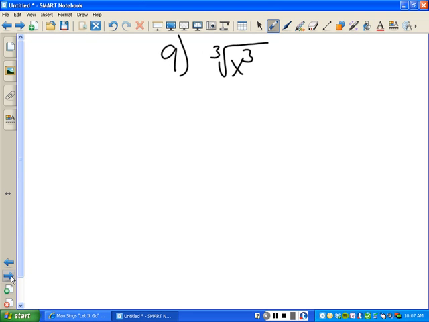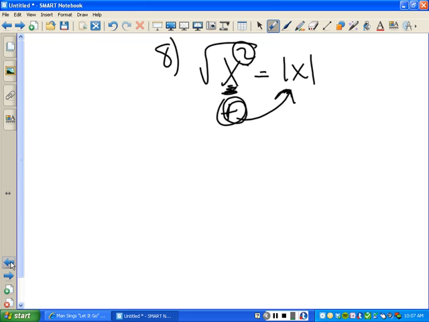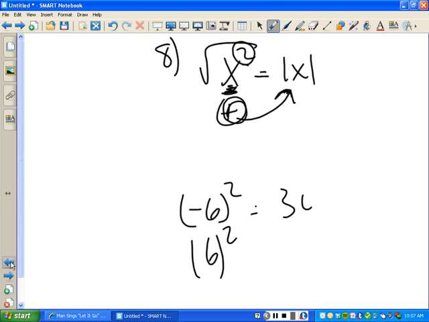What did you get for this one? This one is just x. And people will say, well, don't you need the absolute value for that? Because it's an odd number. You see, the reason you need an absolute value is because negative 6 squared and positive 6 squared are the same answer.